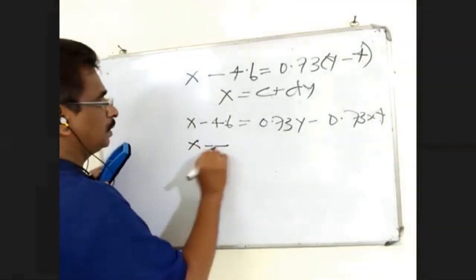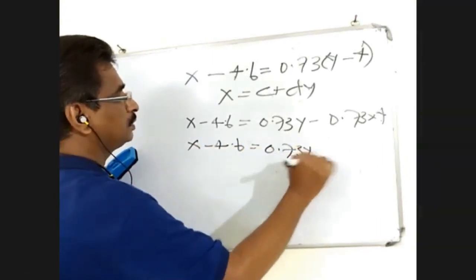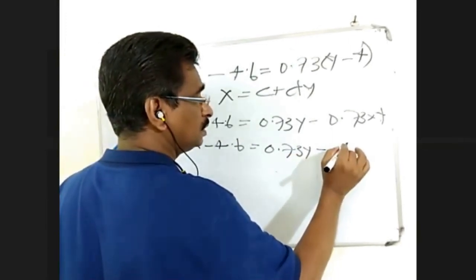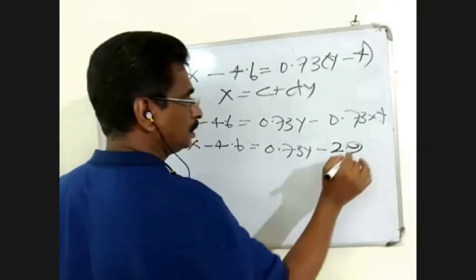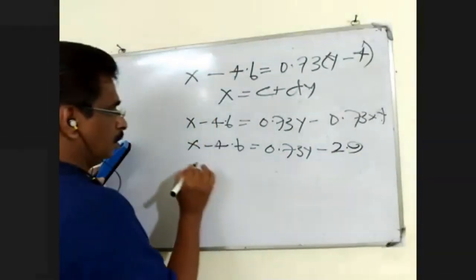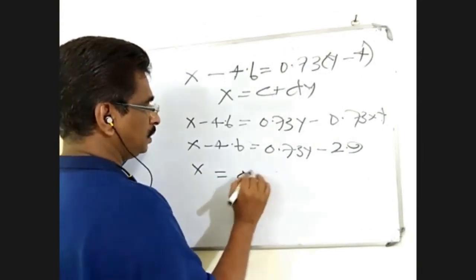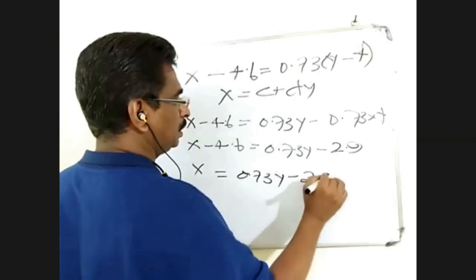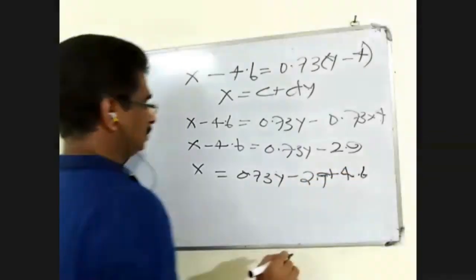So x minus 4.6 is equal to 0.73y minus 2.9, or x is equal to 0.73y minus 2.9 plus 4.6.